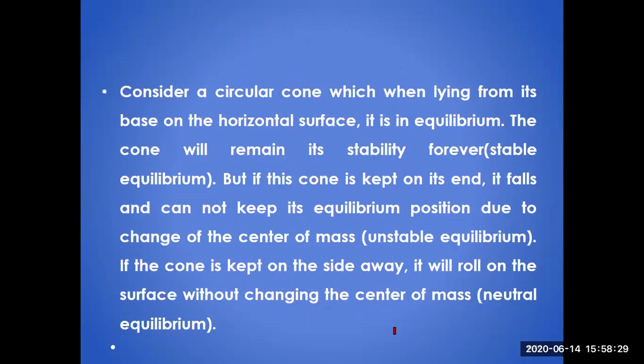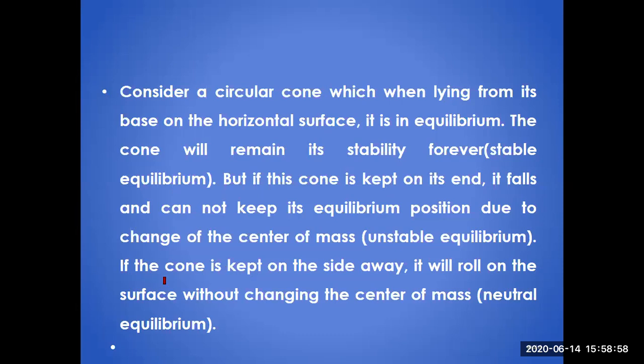Consider a circular cone, which when laying on its base on a horizontal surface is in equilibrium. The cone will remain stable forever. That is called stable equilibrium. But if this cone is kept on its end, it falls and cannot keep its equilibrium position due to change of center of mass.